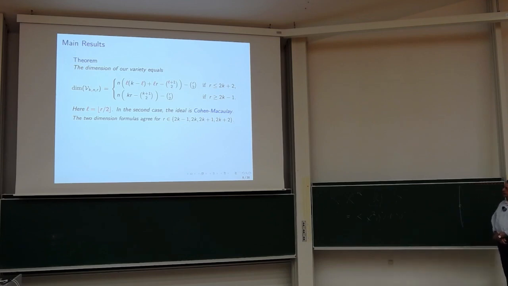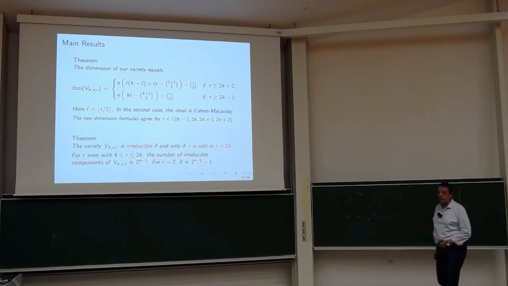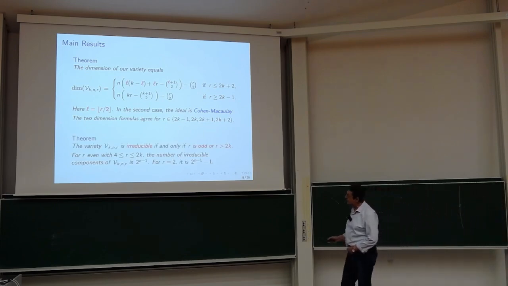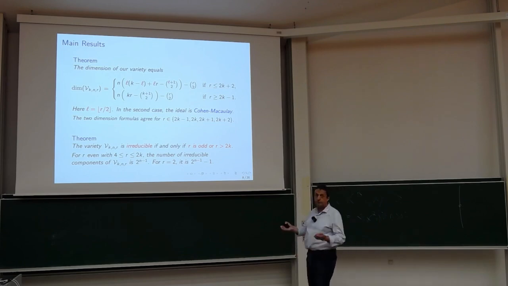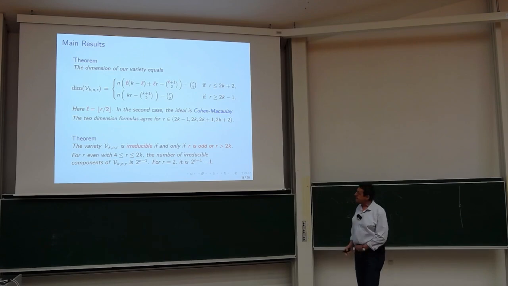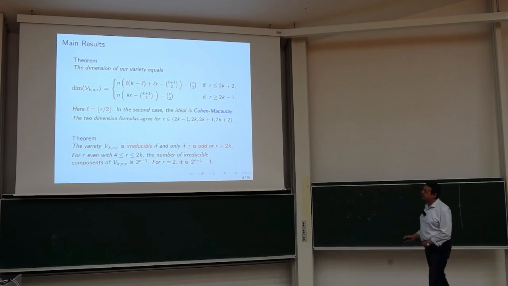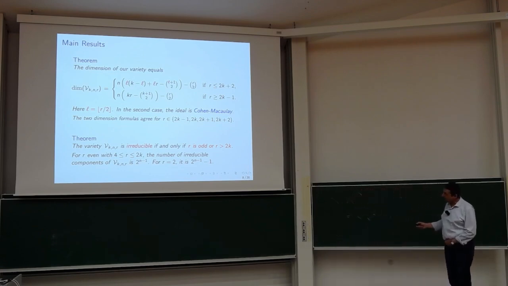Now the second main result about this topic is a characterization of when the variety is irreducible. Our variety V_k,n,r is irreducible, meaning you cannot break it into pieces, if and only if either r is odd or r is in the high rank regime, which means that r is bigger than 2k.